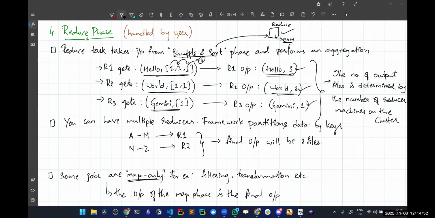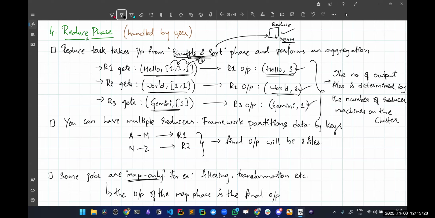When we are reading the shuffle data from the shuffle and sort phase into the reducer, it directly goes to the RAM of that reducer. The data itself can exceed the capacity of the reducer, which can be very easy because we are dealing with lots and lots of data from multiple machines running in parallel, with every single mapper pushing data towards one single reducer.